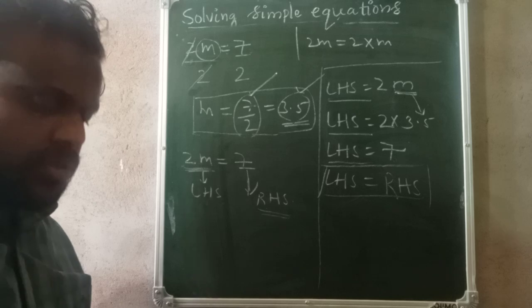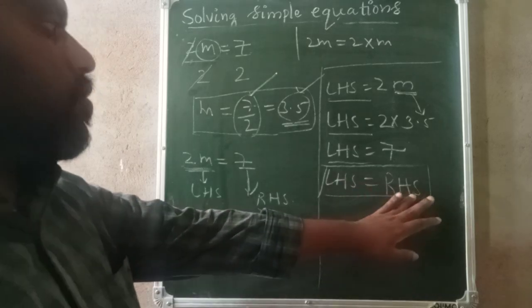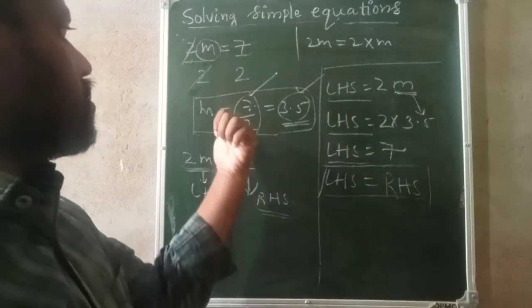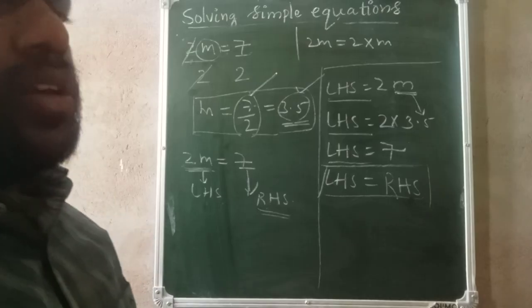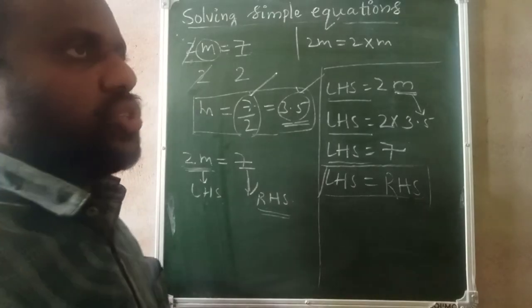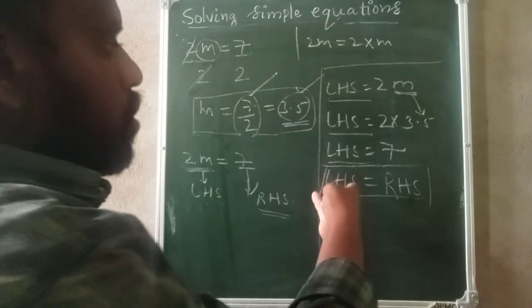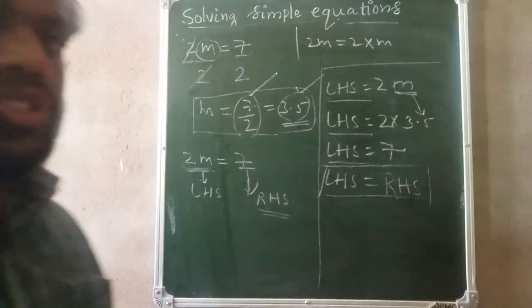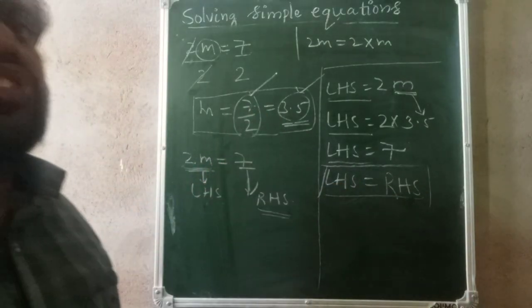Now, since LHS is equal to RHS, that means this answer is correct. In case LHS is not equal to RHS, that time answer is not right. But here we got LHS is equal to RHS. So this answer is correct.